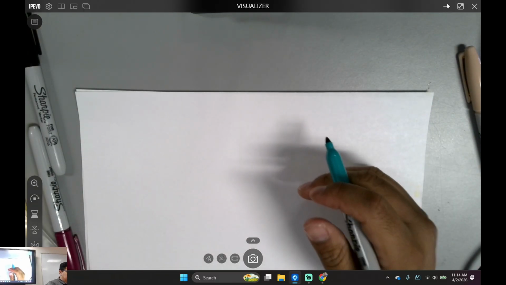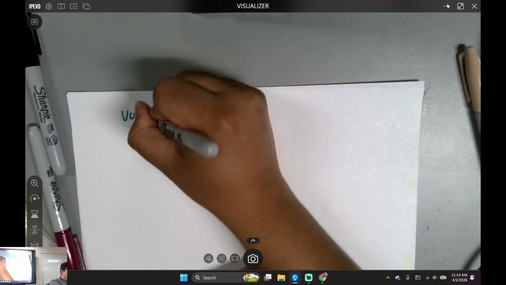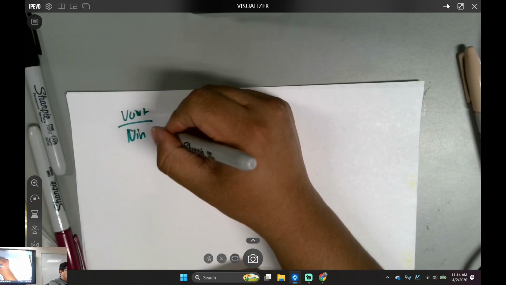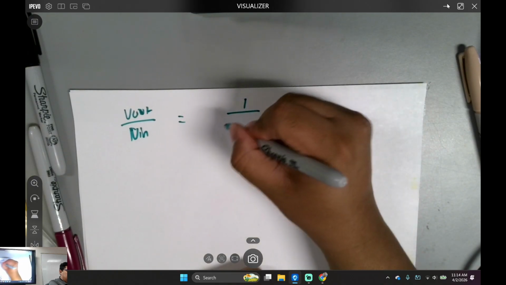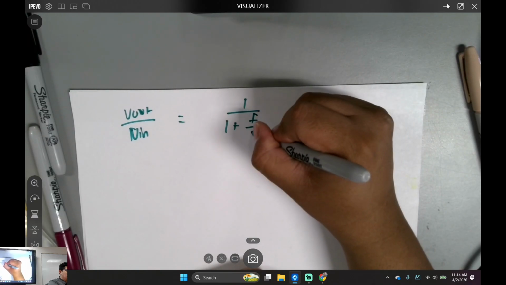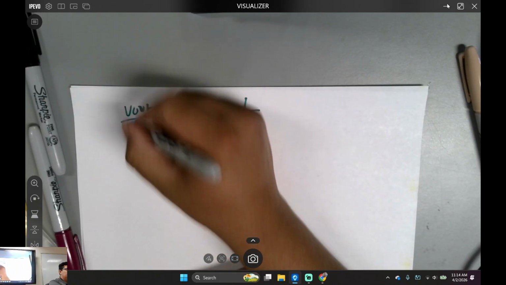So I'm about to do the following. Remember that one circuit we just did? Vout over Vin is 1 plus f over f3dB.